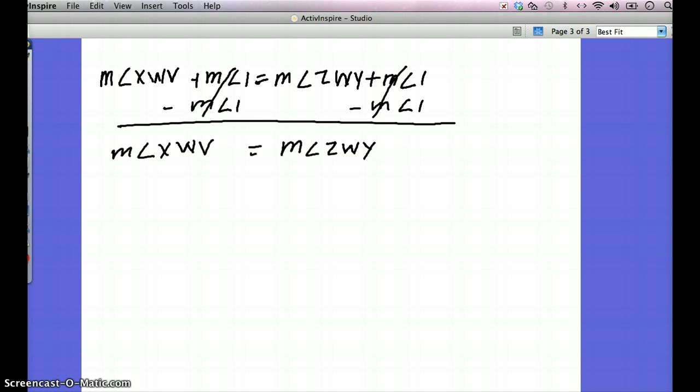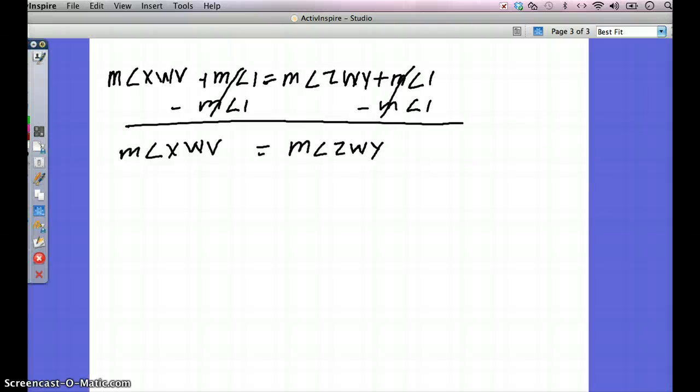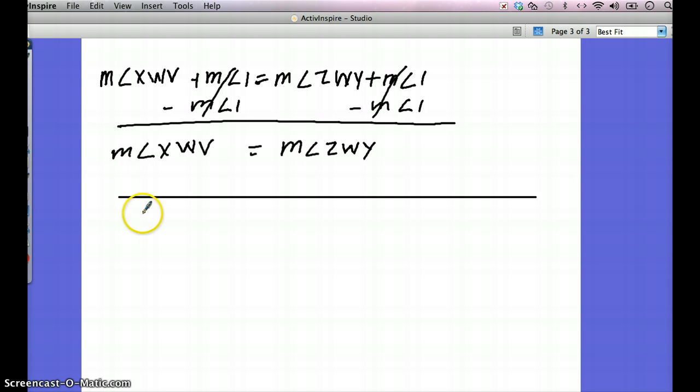Continuing with our proof here, this will be my last statement. I think this will be my fifth statement here. Since the measure of angle XWV is equal to the measure of angle ZWY, I can then write angle XWV is congruent to, not equal to now.